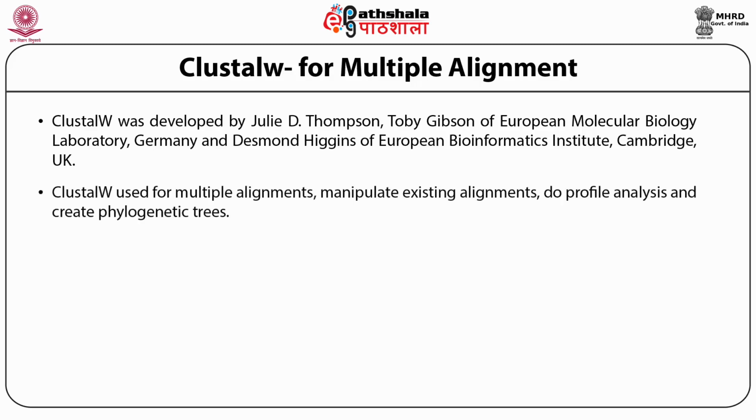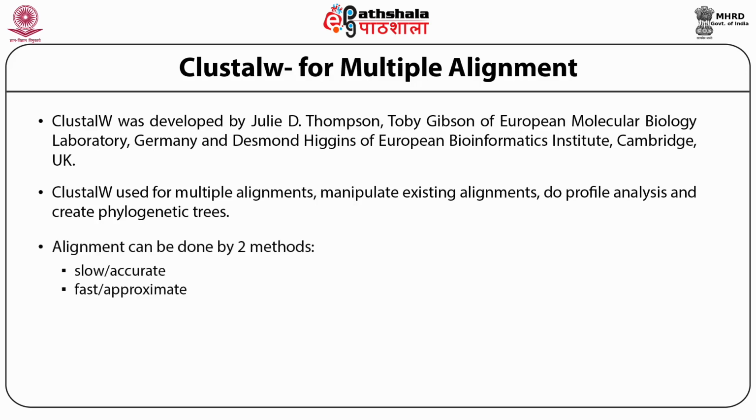CLUSTAL-W is used basically for multiple sequence alignment, or it can be used to manipulate an existing alignment to get a better alignment, and it can be used for profile analysis, and for generating phylogenetic trees to get information about the evolutionary relationship between the protein sequences and how the protein has evolved from species to species.